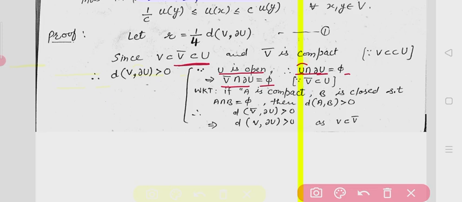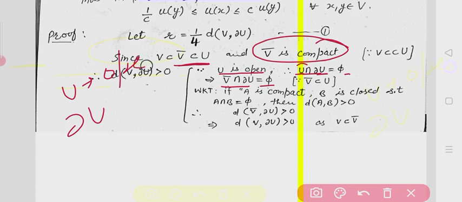We know that this V bar is compact, and the boundary of U is closed, because U is open and the boundary of an open set is closed.